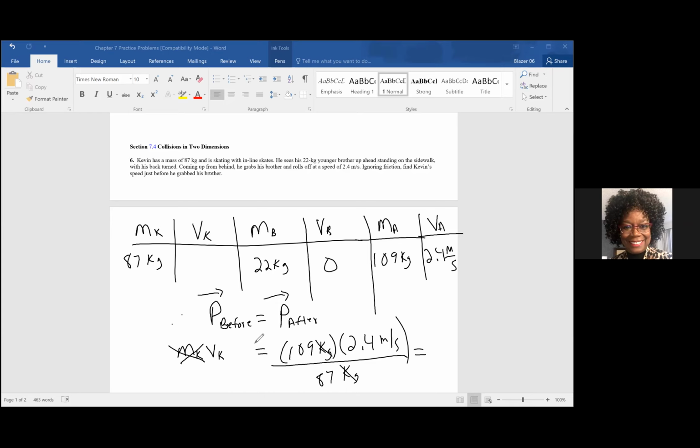So now I have 109 times 2.4 and divide that by 87 and I get 3.00. So I'm going to say 3.0. So I get 3, oops. Well, all right, my pen has gone out again. But if you put in your calculator, you should get 3.0. And of course, that would be meters per second.